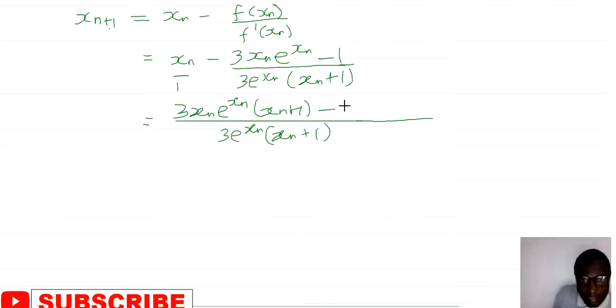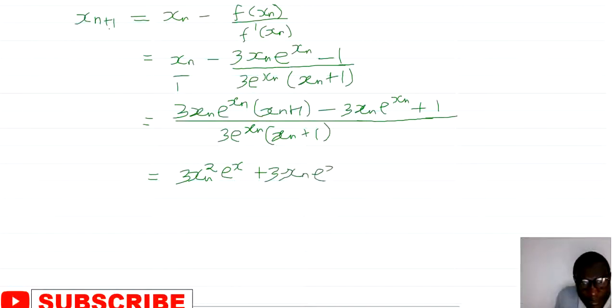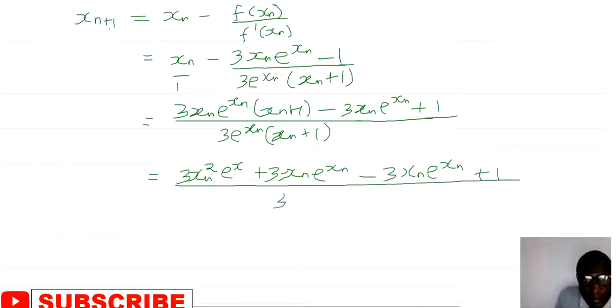So we shall have 3 xn exponential xn plus 1. Opening brackets here, we are having 3 xn squared exponential xn plus this multiplying by 1, 3 xn exponential xn minus 3 xn exponential xn plus 1, everything over 3 exponential xn into xn plus 1.